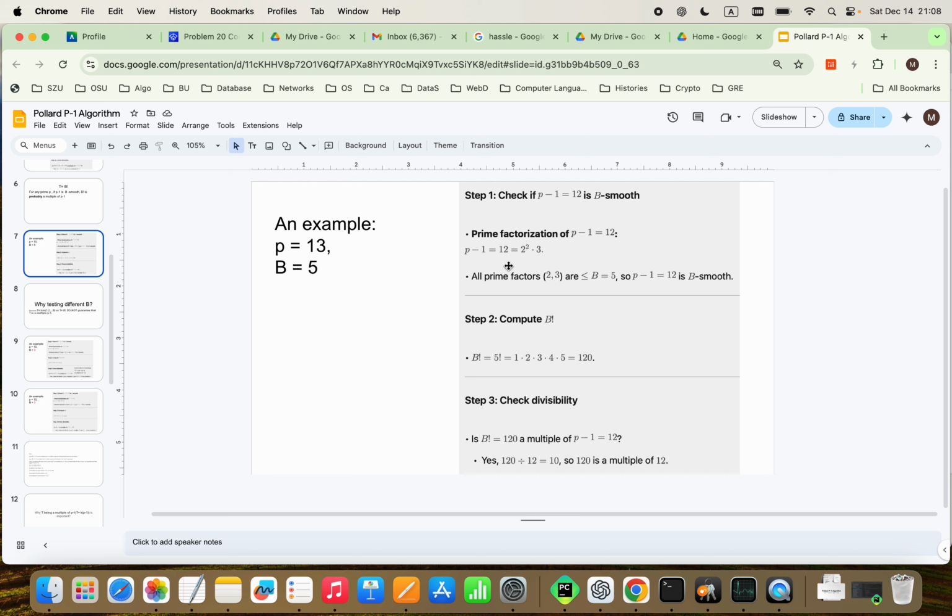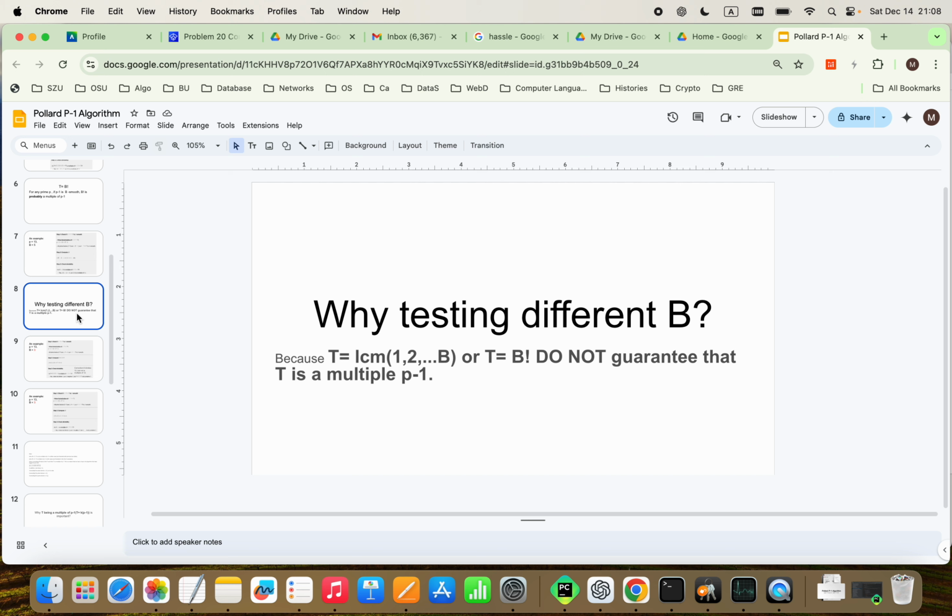But unfortunately, they don't help you obtain a multiple of p-1 all the time. So sometimes it doesn't work. If you have implemented the algorithm, you must know that in the algorithm we are testing different values of b.